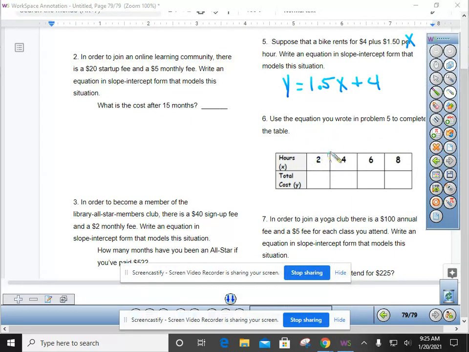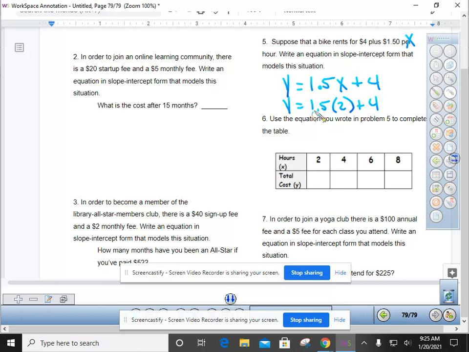So this is for 2 hours. So it'd be y equals 1.5 times 2 plus 4. 1.5 times 2 is what? 3, and 3 plus 4? 7. And then here you would do 1.5 times 4 plus 4. 6 plus 4, 10. And then 6 hours, 1.5 times 6 is 9 plus 4. 13.